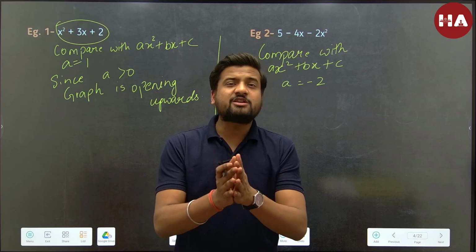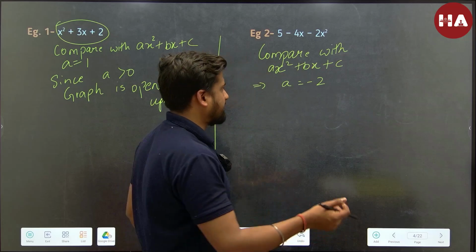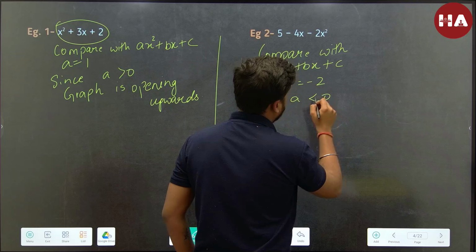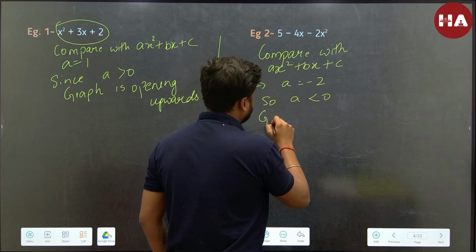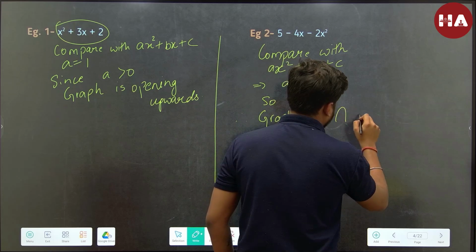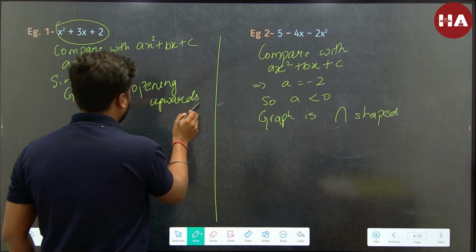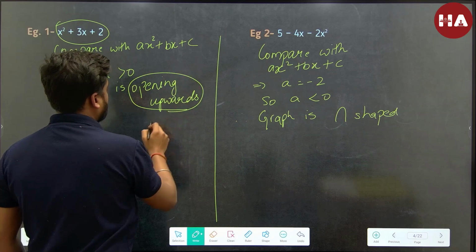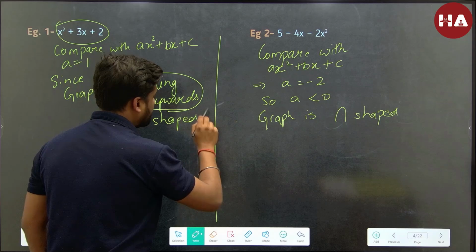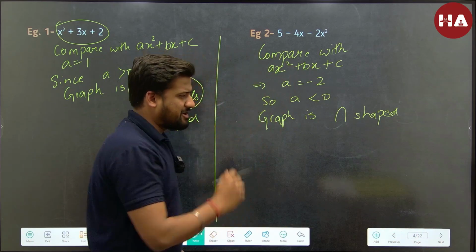The coefficient of x square is your a, so please keep that in mind. So a is -2, so a is less than 0, therefore the graph is opening downwards, a shape. You could also have written u shaped, both are going to be correct. Please note it down.